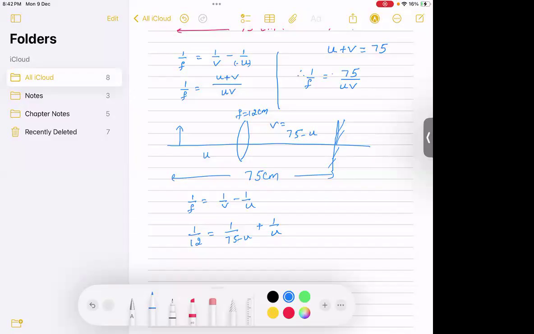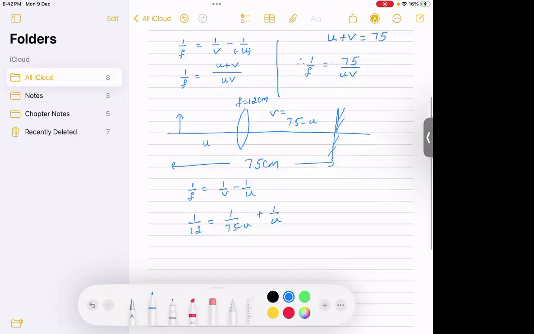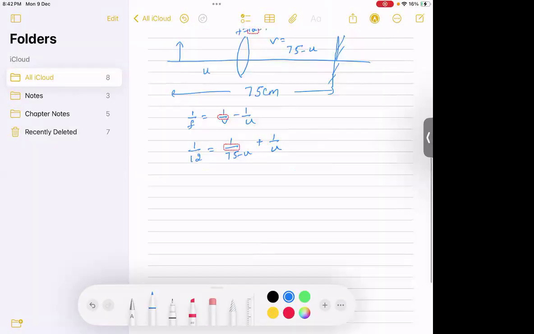But I think now you can find what is the object distance. Can you solve this? Definitely we will get a quadratic equation, right? 1 by 12 equals, what is the LCM? 75 minus U into U. So it becomes U plus 75 minus U, and U will get cancelled out.